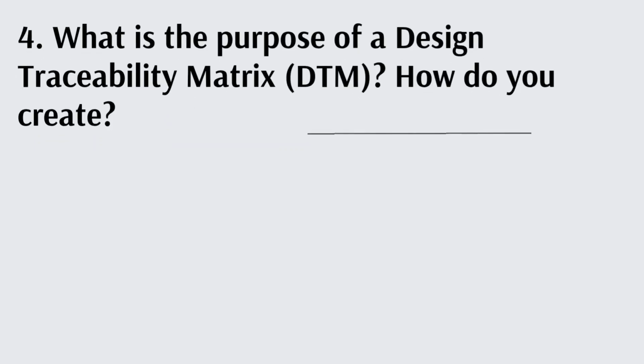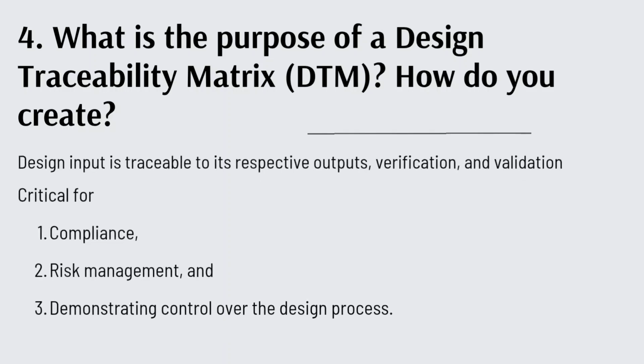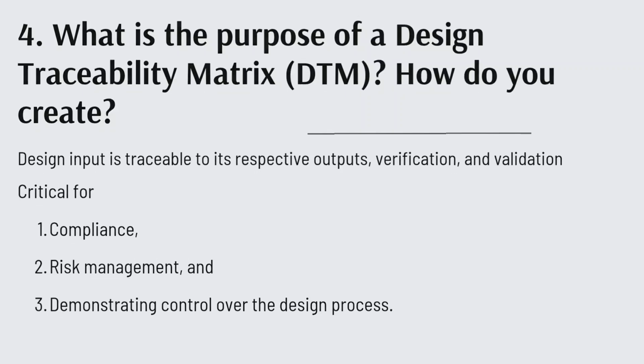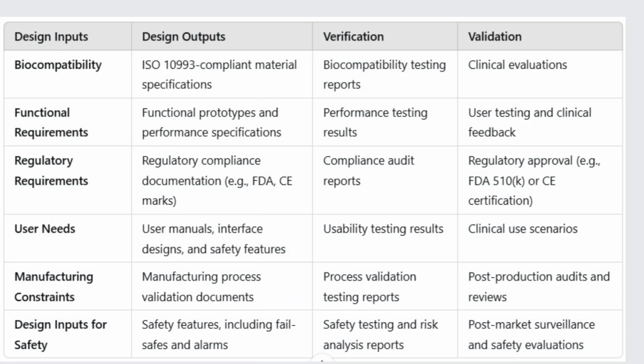4. What is the purpose of a design traceability matrix, DTM? How do you create one? Ideal answer: The DTM ensures every design input is traceable to its respective outputs, verification, and validation activities. It's critical for compliance, risk management, and demonstrating control over the design process. I created DTMs in Excel and ALM tools.